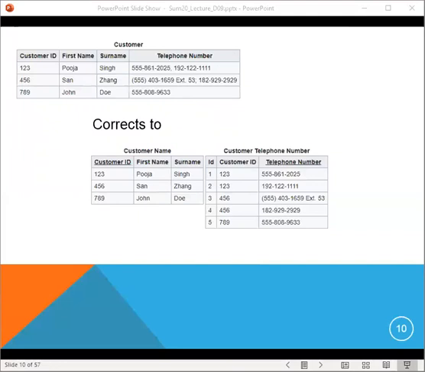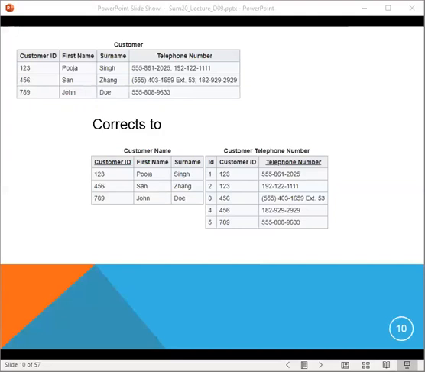And we see that when we go through a decomposition. A decomposition is where we take the offending field or fields out of the table they're in and put them into a separate table with a key that we can use to look up values or do joins with from the original table.